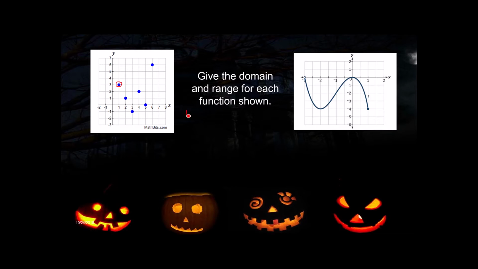This is the coordinate 1, 3. Because it's so hard to write with my mouse, I'm not going to put that in parentheses. This is the coordinate 2, 1. That's pretty hard to read. I have the coordinate 3, -1.